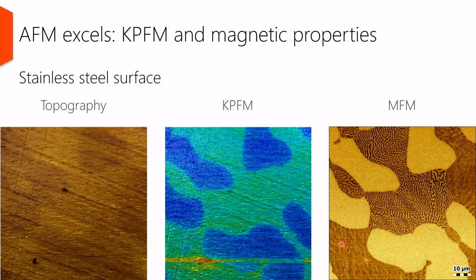Some domains have a light magnetic contrast here and here, but the domain in the center over here has very strong magnetic contrast. We see these striated patterns, and this alternation between dark and bright indicates that here we have domains of different, alternating magnetic polarization.